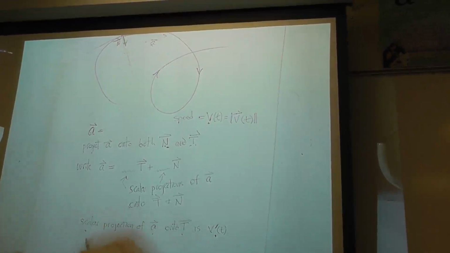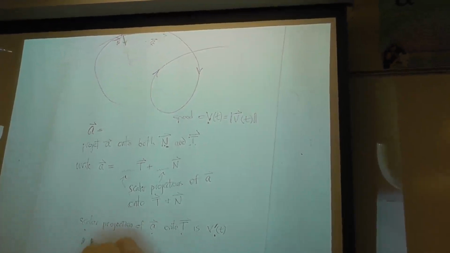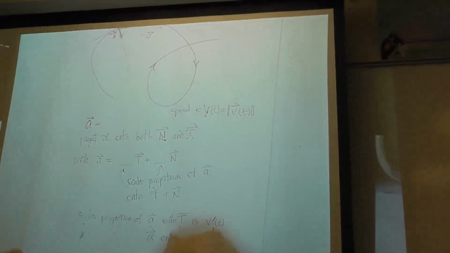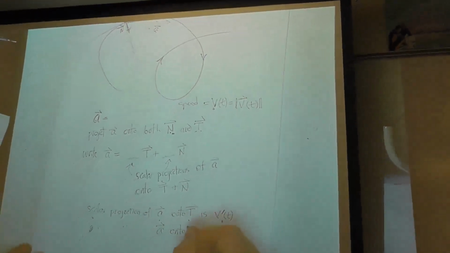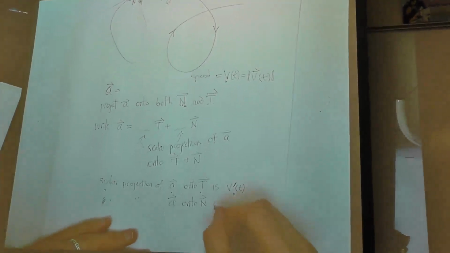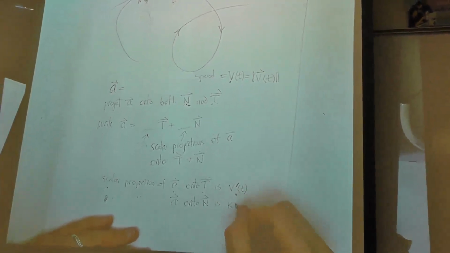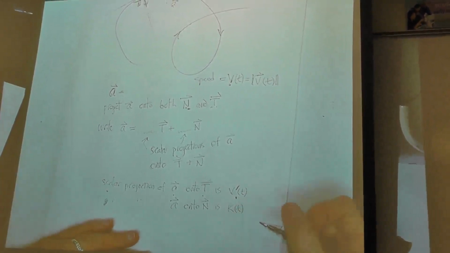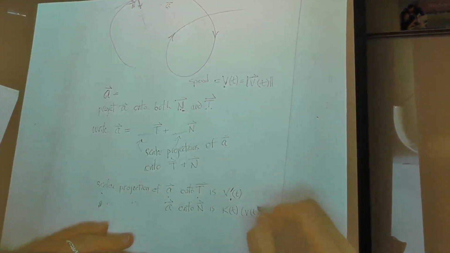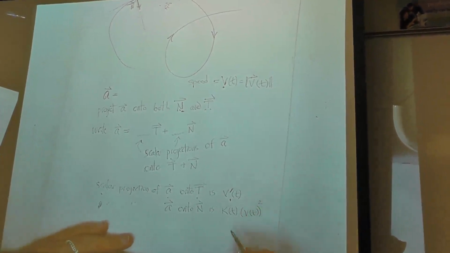And we get the scalar projection of acceleration onto the normal vector to be curvature kappa of T times V of T, the speed, squared.